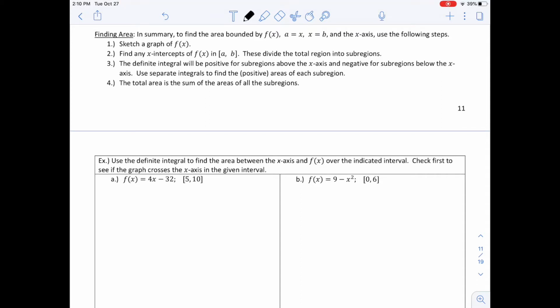The definite integral will be positive for subregions above the x-axis and negative for subregions below the x-axis. Use separate integrals to find the positive areas for each subregion. The total area is the sum of all the areas in the subregions. So adding those all up, again, those negatives, you want to subtract them away, which would make it become a positive value that we are discussing.